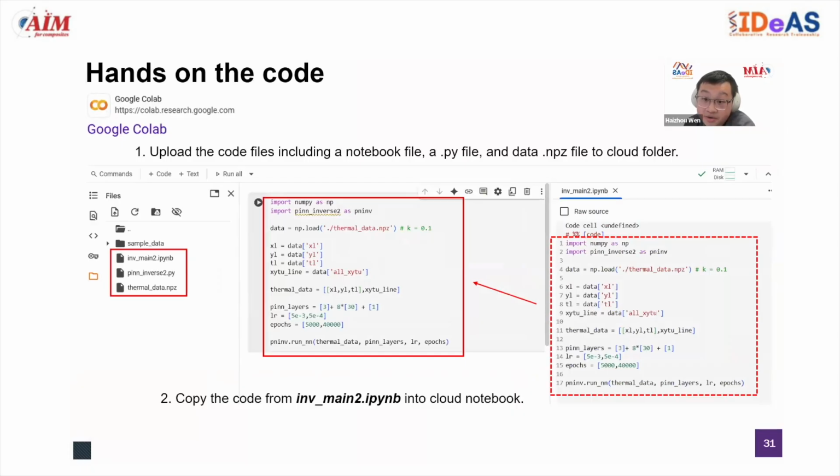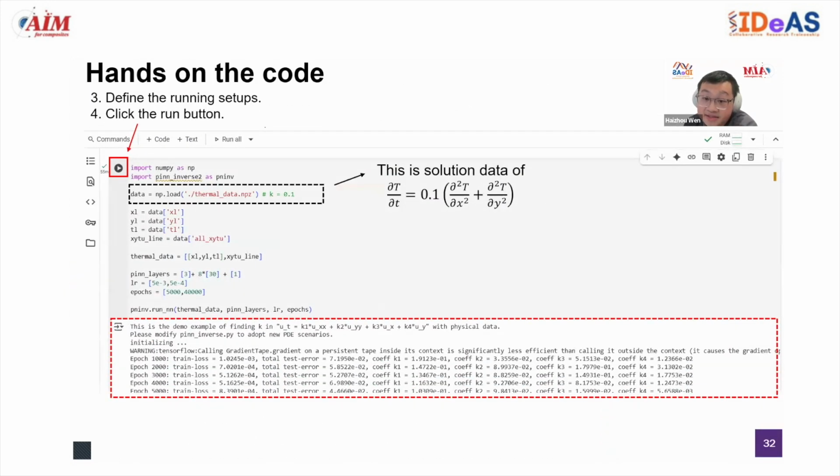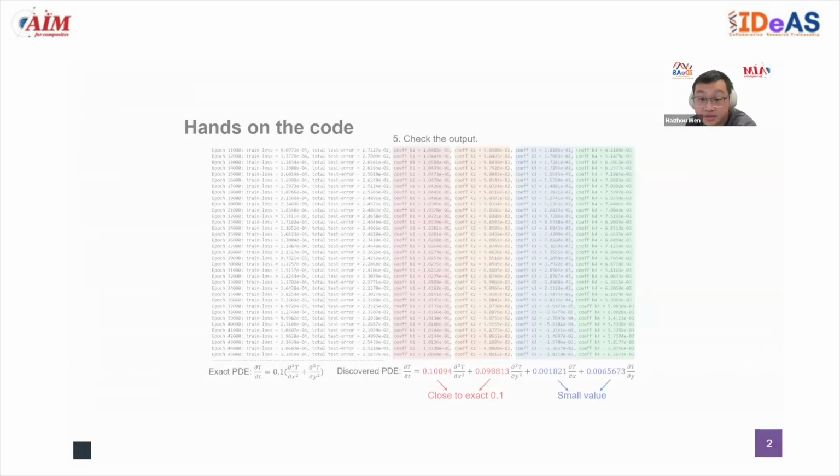So for the coding part, just like what we did for the first example, just upload and copy everything in the second inverse problem folder. And the dataset is the same, and the right coefficient in both spatial directions is the same, 0.1, but you can see in the output the NN is actually approximating 4 coefficients, or 4 terms.